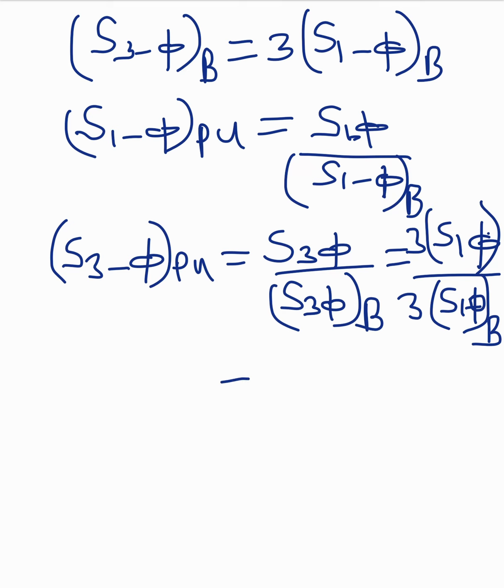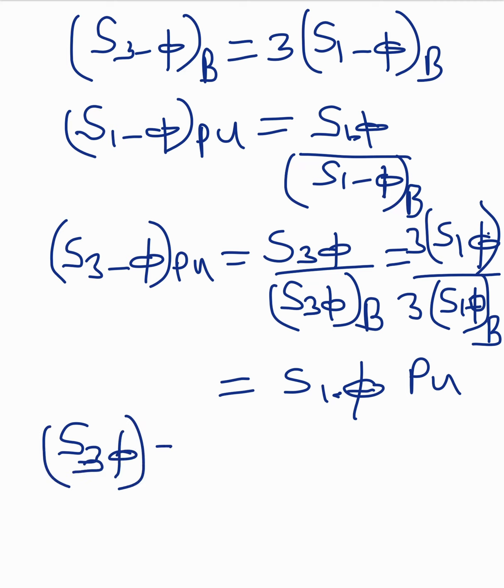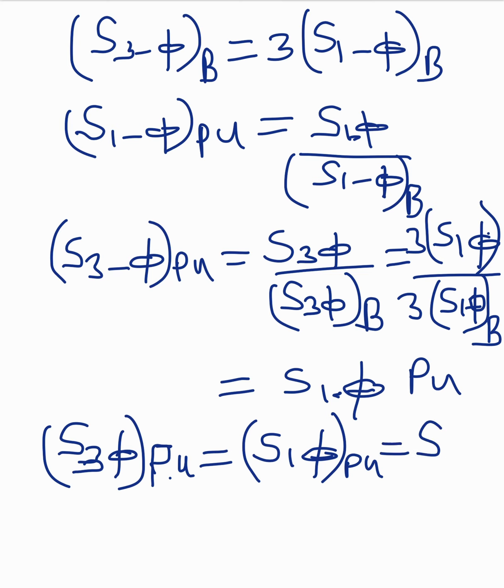That is equal to S of single phase per unit. So we can write like this: S of 3 phase per unit is equal to S of single phase per unit is equal to S per unit.